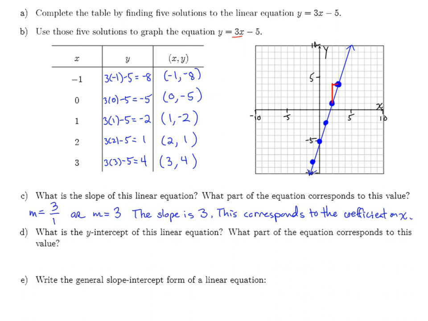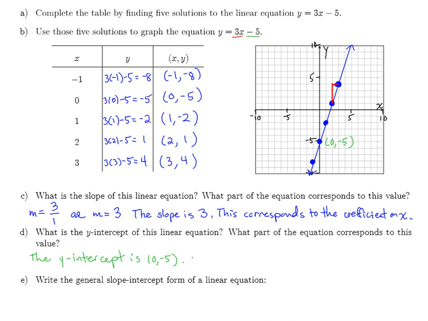Next, I'm going to look at the y-intercept, and I can see on this graph that it's the point 0, -5. So the y-intercept is 0, -5. And that value of -5, if I look up at this equation, is the constant term.